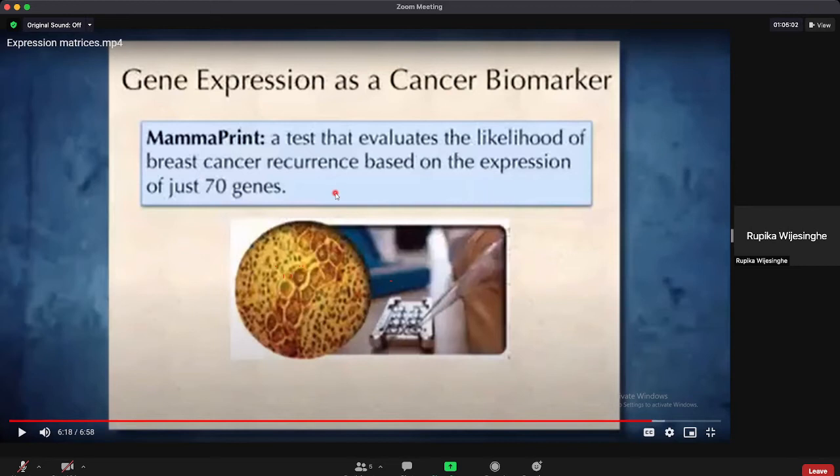We also have to identify the genes, definitely fewer than 70. I think 70 is too much. This is not just the presence of cancer; it is to see the likelihood of breast cancer recurrence, whether the patient will get it again after the surgery or after all the treatments, right?